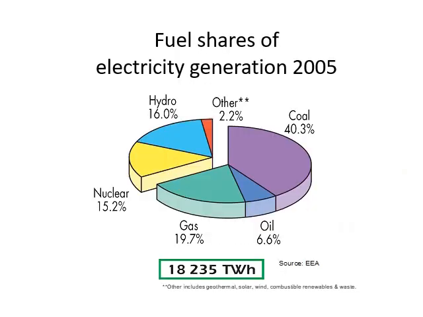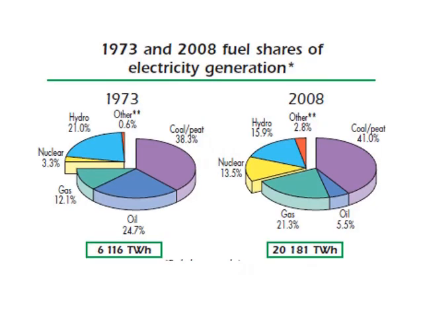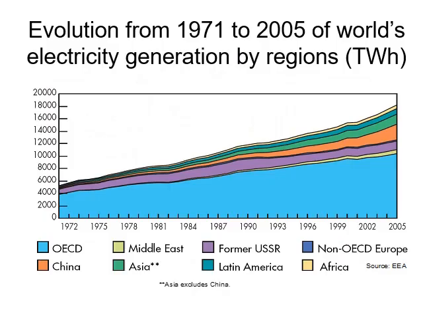Thermal comes from the type of fuel they use in these thermal power plants to generate electricity: coal, oil, and gas. These are the main sources, all of which represent fossil fuel. Even if the percentage changes, comparing 1973 and 2008, coal is still the highest for generating electricity, and oil and gas take the second and third places.